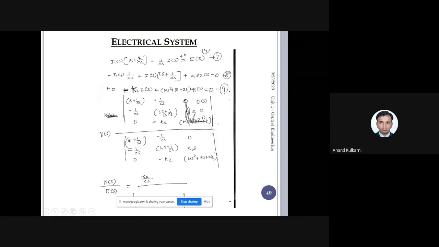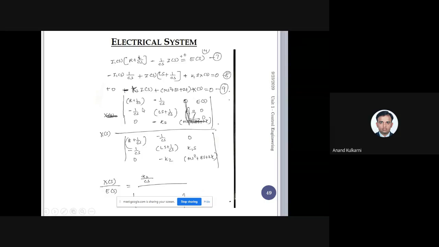Then I have simplified this. This multiplied by this into this minus this into this, that is 0 only, because this is also 0, this is also 0. Then corresponding to this, if I take this into this, that is 0, this into this is also 0. So it will vanish. But only corresponding to E of S multiplied by this into this into this.